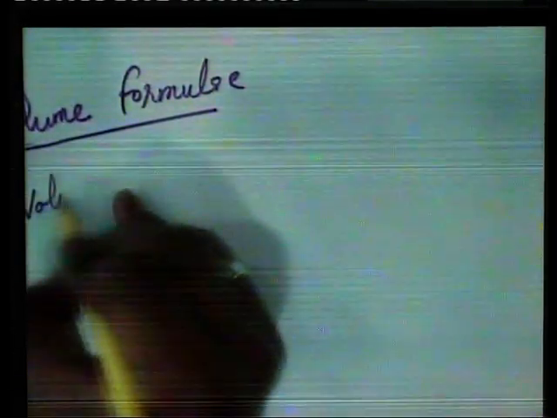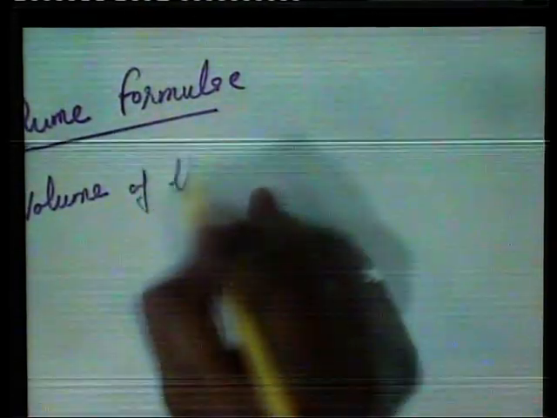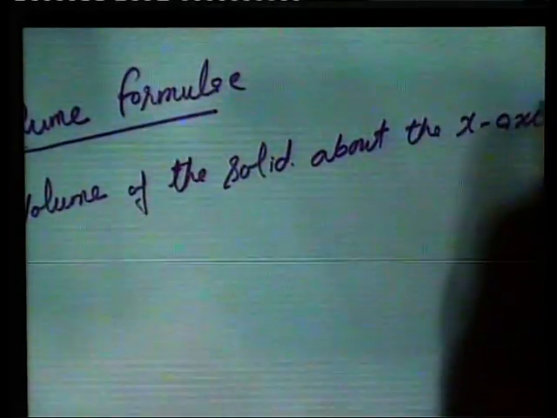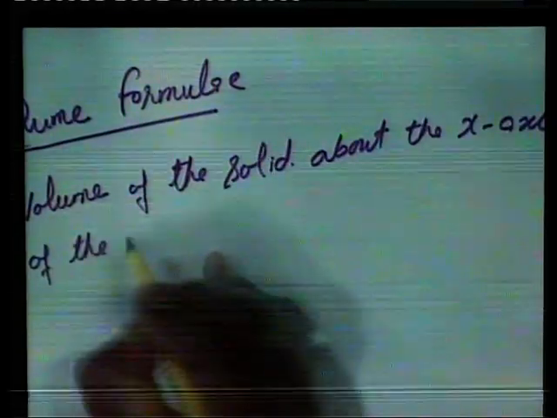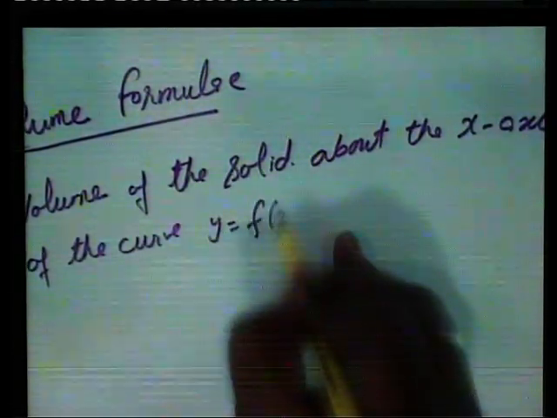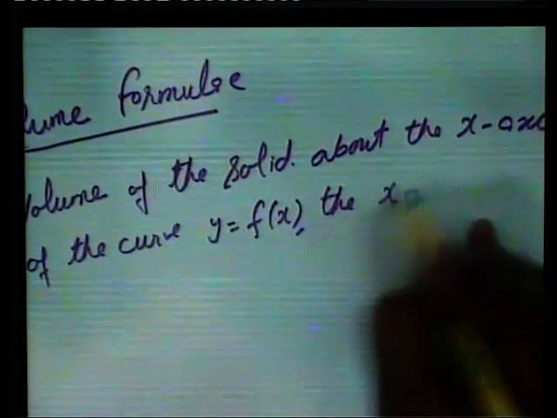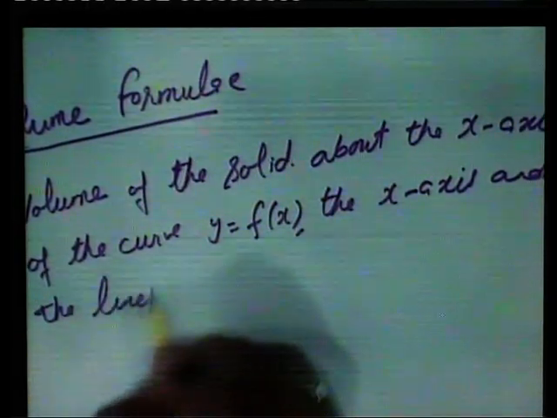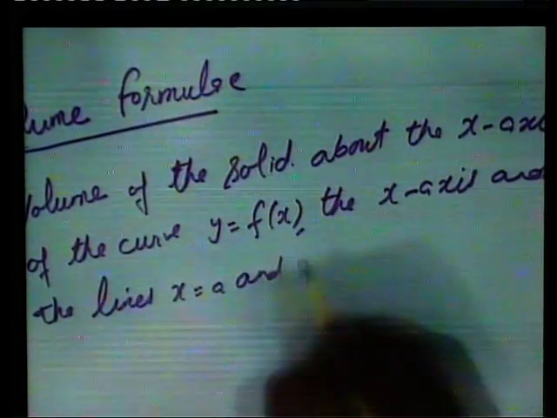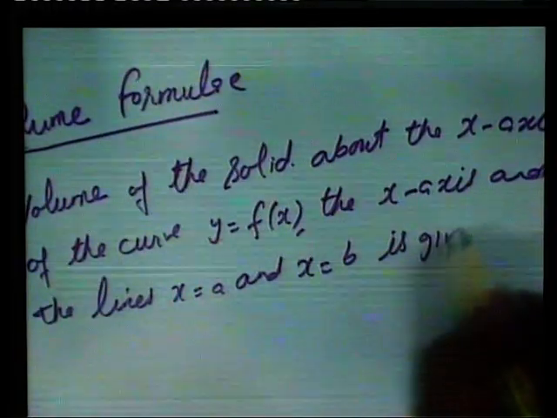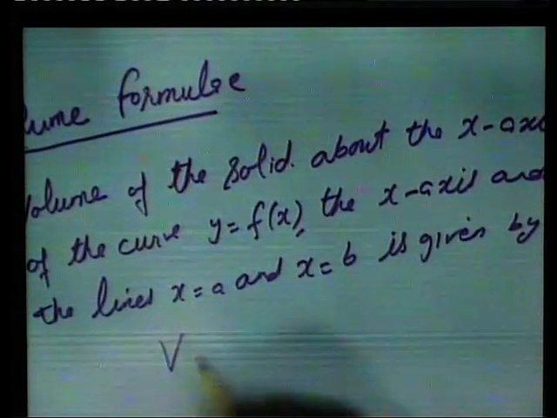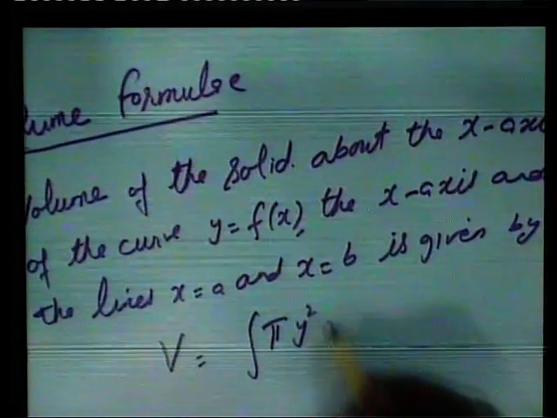Volume of the solid about the x-axis of the curve y is equal to f(x), the x-axis and the lines x is equal to a and x is equal to b is given by integral pi y square dx.